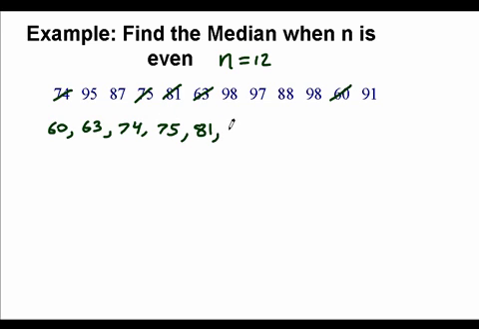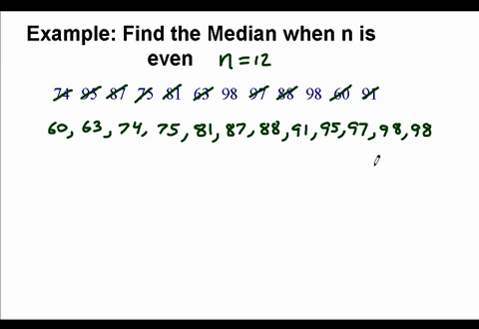Then 87, 88. That leaves 91, 95, 97, and then two 98s.